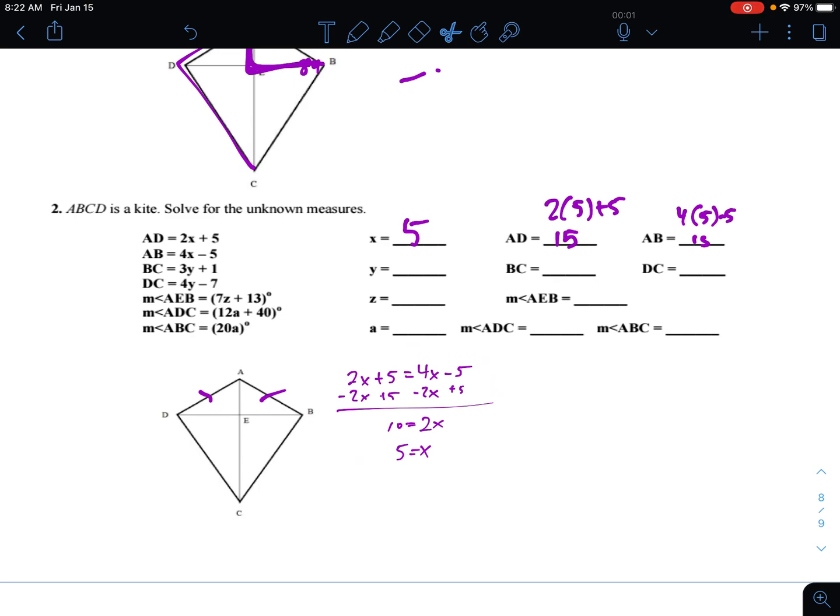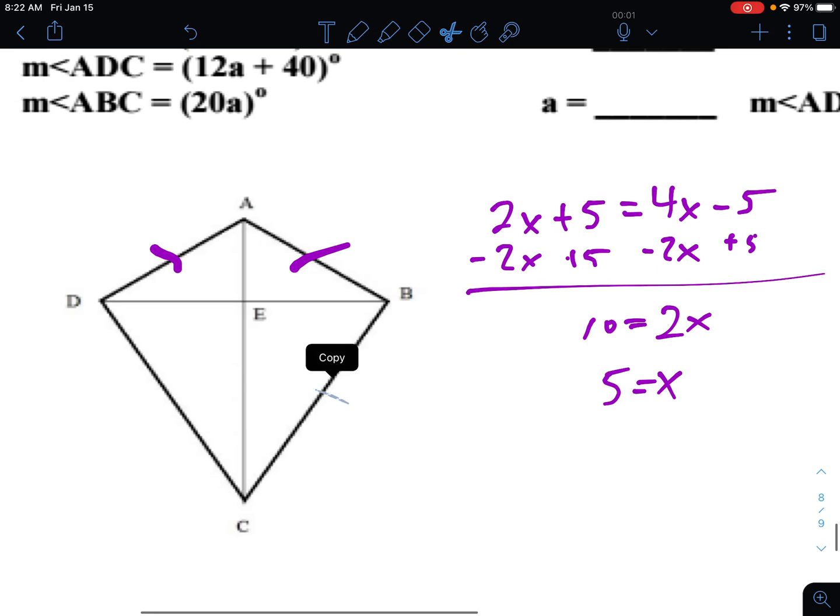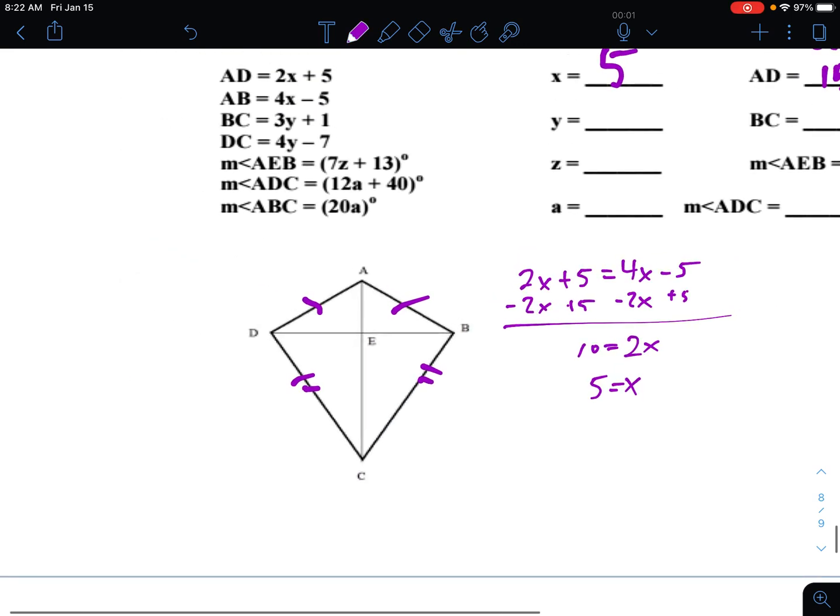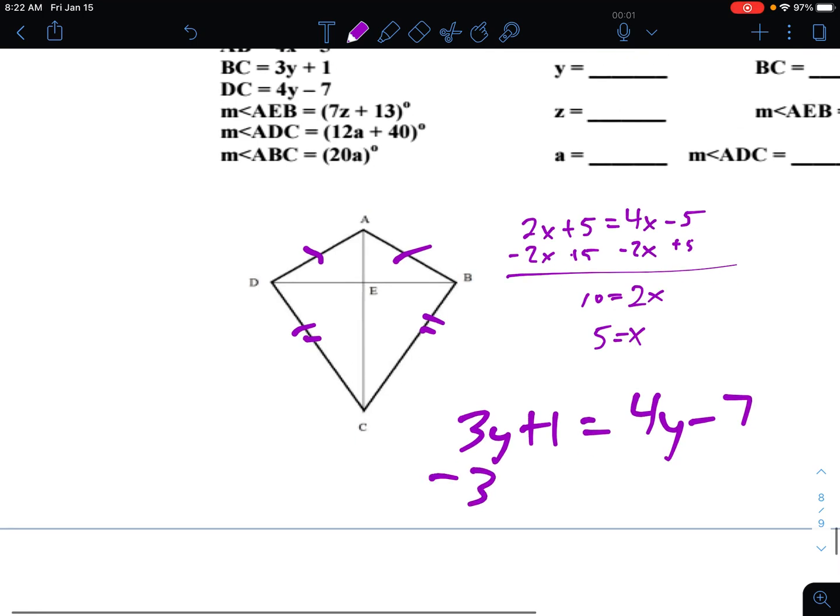Now we've got to solve for y. BC and DC are congruent, so I want to set those two equal to each other. 3y plus 1 equals 4y minus 7. So I'm going to subtract 3y and add 7.